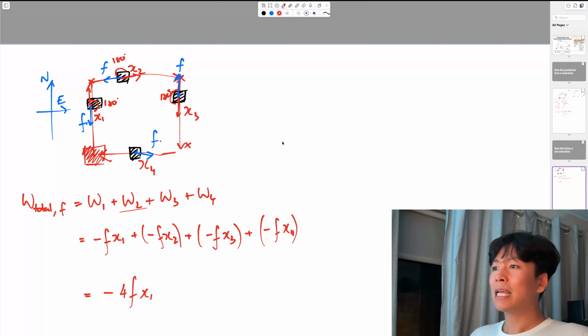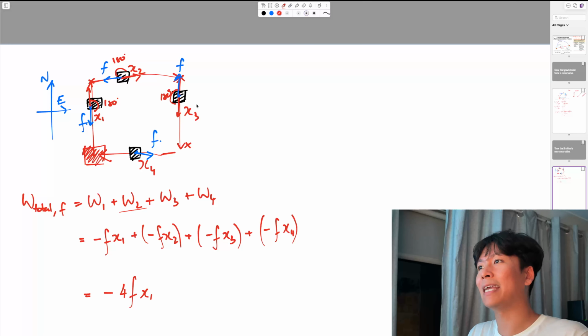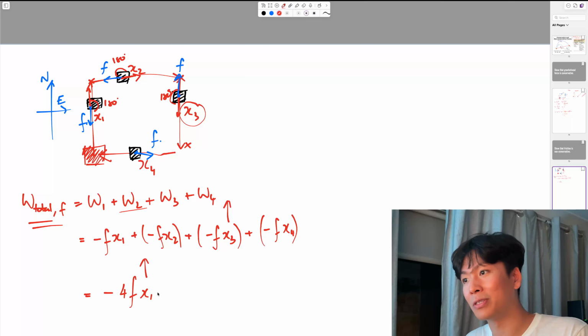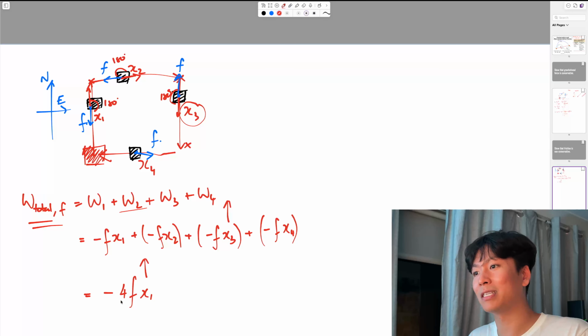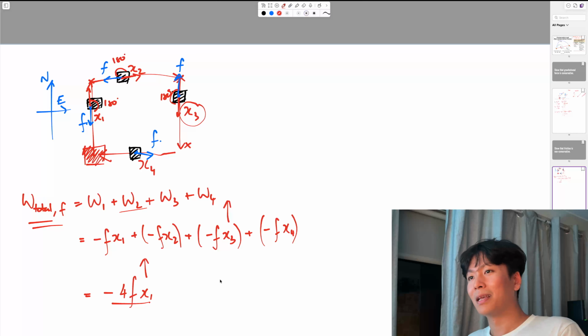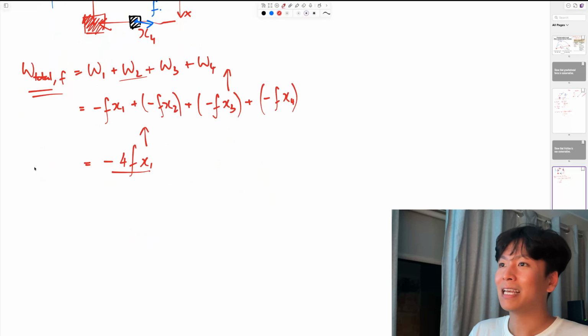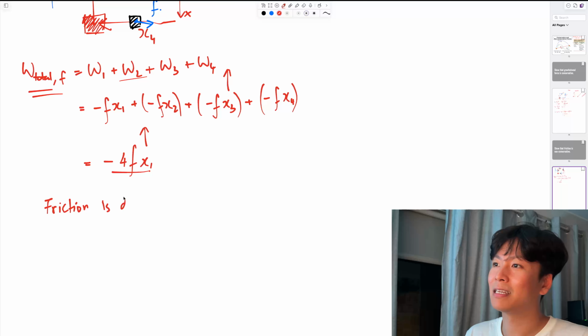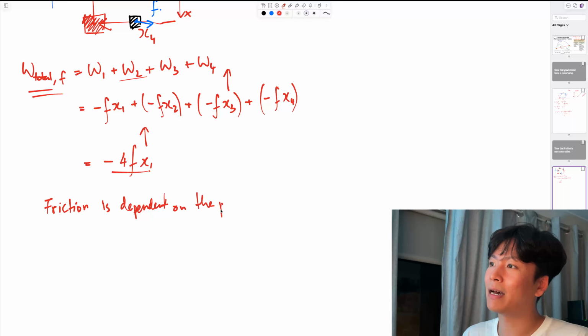And you can imagine that if I change the path slightly, so let's say I elongate x3 to make it longer, then this value will go up, and so the total work done by friction also goes up. So it's no longer just 4 times F x1. It's now a larger number, which means that friction is dependent on the path.